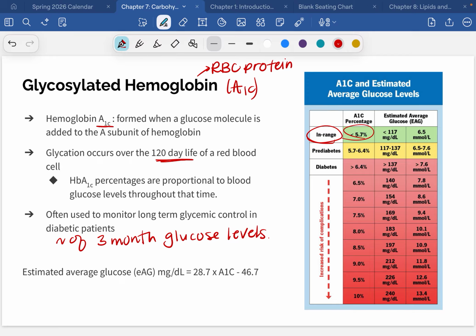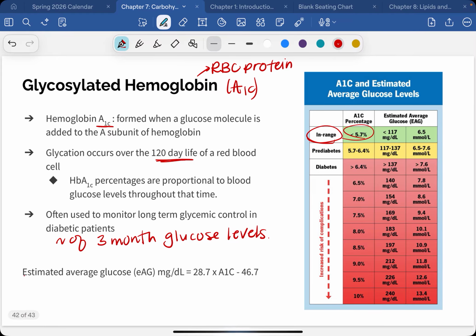And then they do their fasting plasma glucose, and it's great because they have been eating well for 3 days. But the hemoglobin A1C is not tricked that way because it is looking at the glycosylation of their hemoglobin over a 3-month period. So it is often used to monitor long-term glycemic control in patients with diabetes.